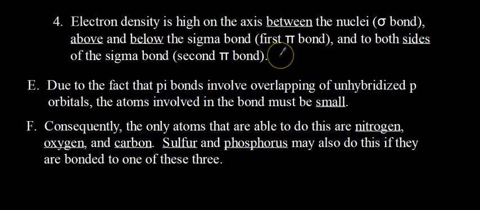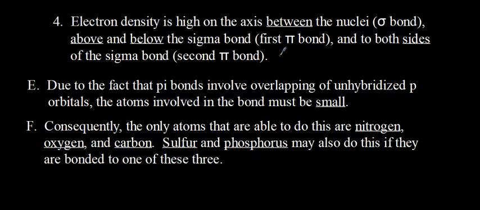Now something that's important, not all atoms can form pi bonds. It says due to the fact that pi bonds involve overlapping of unhybridized p orbitals, the atoms involved in the bond must be small. Those p orbitals must be close enough to overlap, and they're only close enough if the atoms that are bonded together are small. If the atoms are large, we're talking about unhybridized p orbitals in the valence shell.